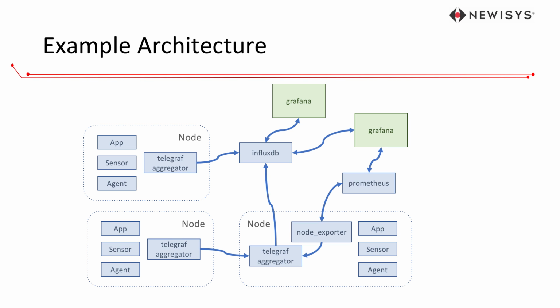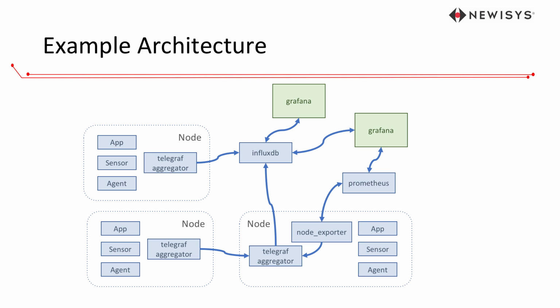Prometheus is a pull model. So Prometheus queries an endpoint and it gets the stats back. And then a while later, it goes and queries it again, gets the stats back. Grafana can do the same thing. So I can go to a Prometheus endpoint directly from Grafana and query, that sort of thing.